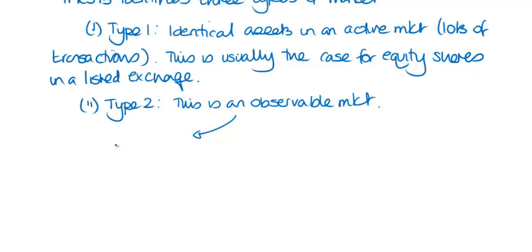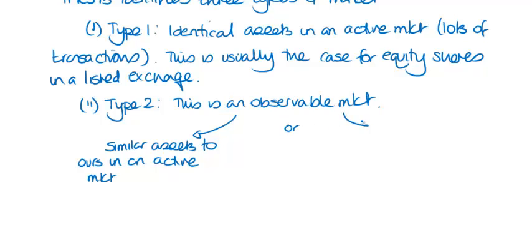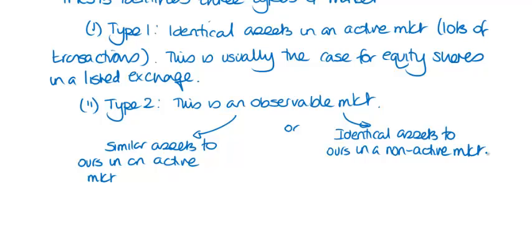Either we have similar assets to ours in an active market, or we have identical assets to ours in a non-active market.